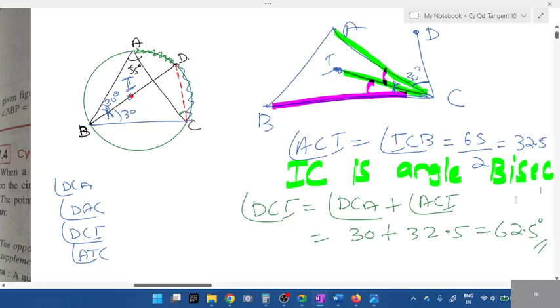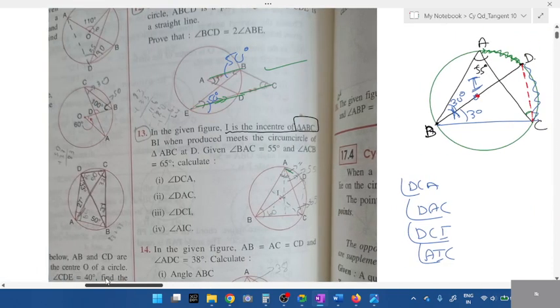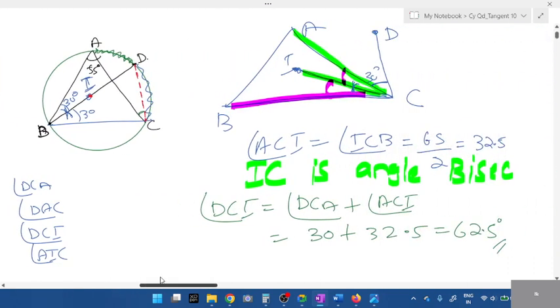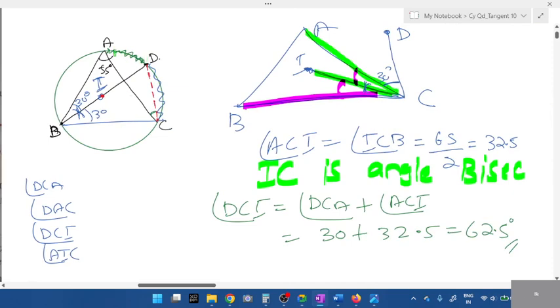Angle with what? That is not asked in the question, right? Oh, you asked DAC. Yeah, what was your doubt in that? No, no, not DAC, students. I wrote, oh, is it DAC? Okay, DAC.